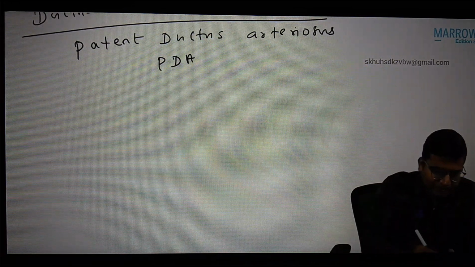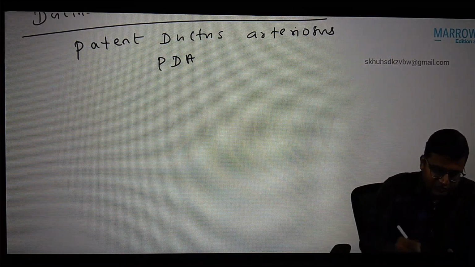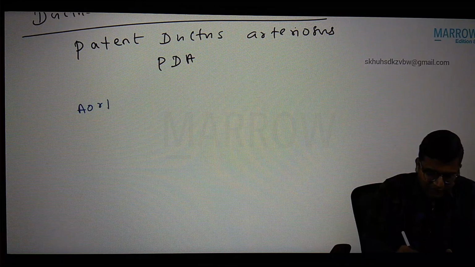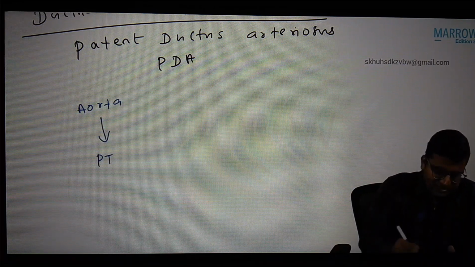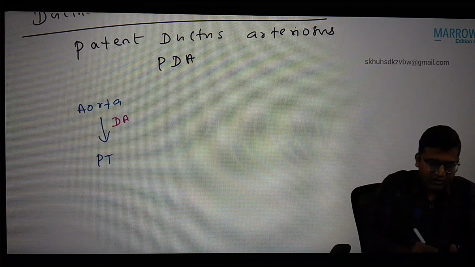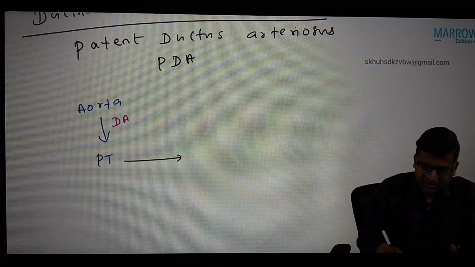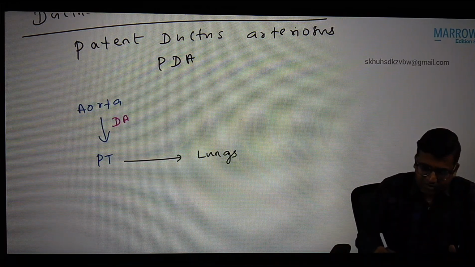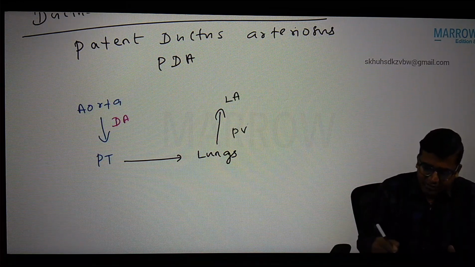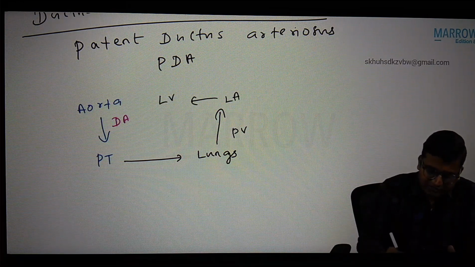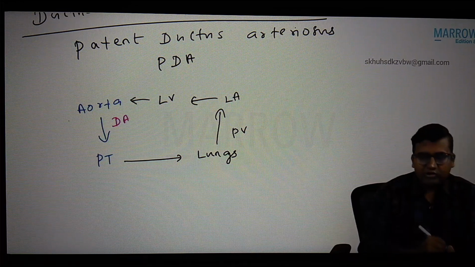So now we have PDA, patent ductus arteriosus. Now the blood from the aorta is shunted to the pulmonary trunk via this ductus arteriosus. Okay. Now from the pulmonary trunk to the lungs, from the lungs to the left atrium via the pulmonary veins, from the left atrium to the left ventricle and left ventricle to the aorta.